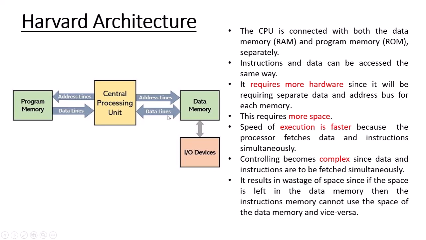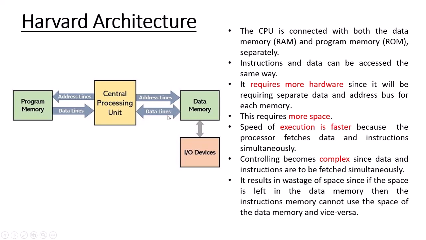If you compare Harvard architecture with von Neumann architecture, instead of a single memory unit, there are two memory units, so it requires more space to accommodate every memory unit in that architecture.